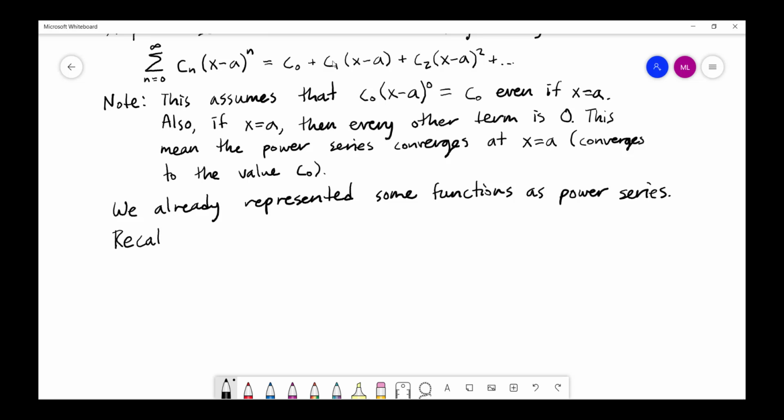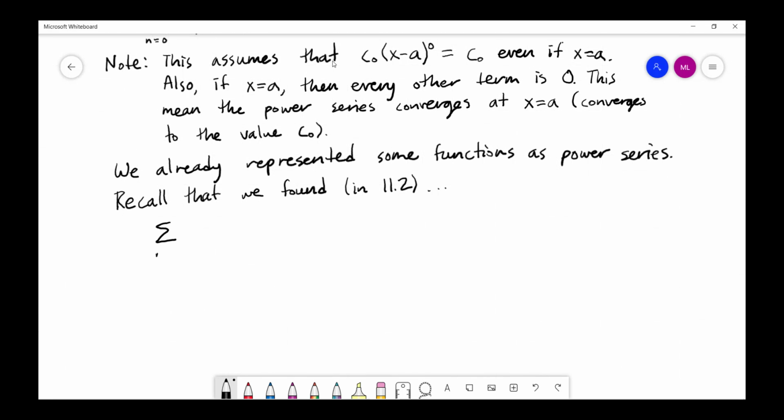So recall that we found in section 11.2 the following, that the sum from n equals 0 to infinity of basically x to the nth power, which looks like if we plug in n equals 0, we'd get 1. N equals 1 is x, plus n equals 2 is x squared, plus x cubed, plus so on and so forth. This wound up being equal to 1 over 1 minus x.